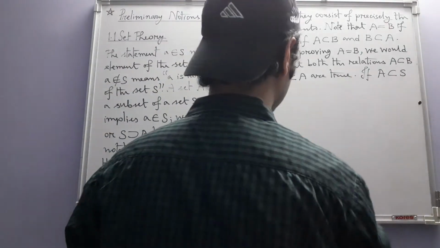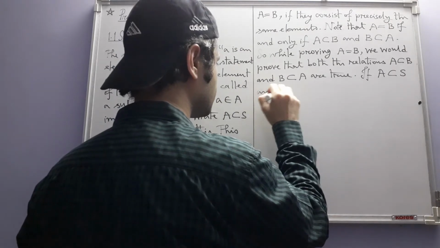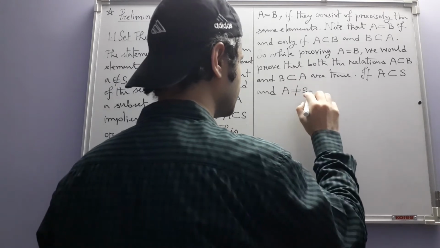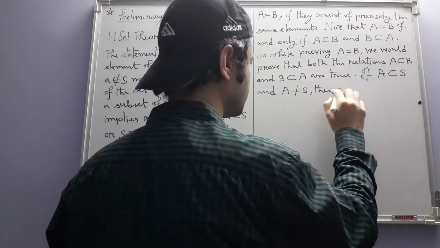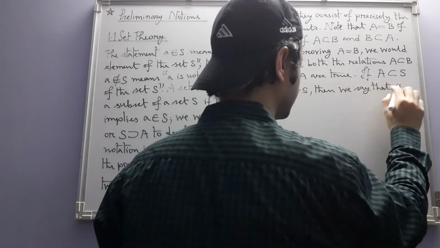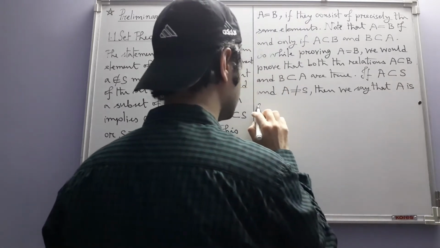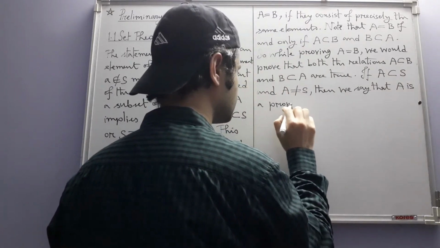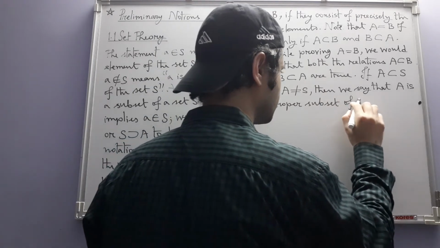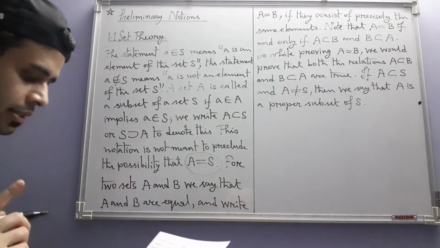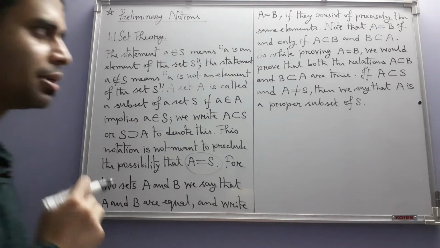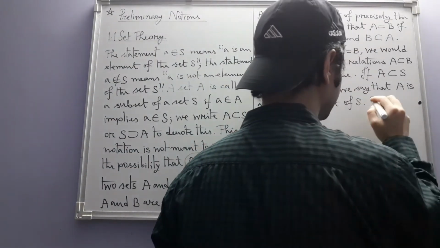So if A is a subset of S and A is not equal to S, then we say that A is a proper subset of S. Although Herstein does not write any symbol for denoting proper inclusion or proper subset, we are going to write like this.